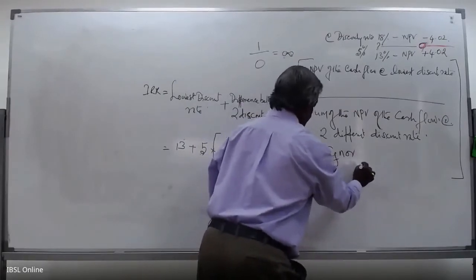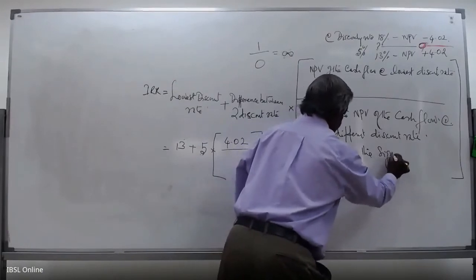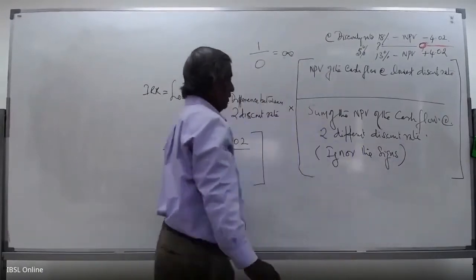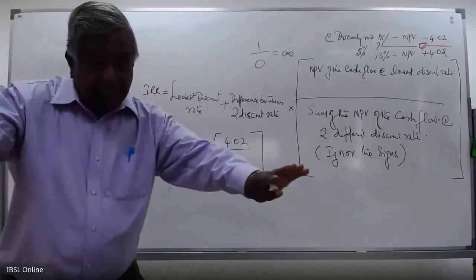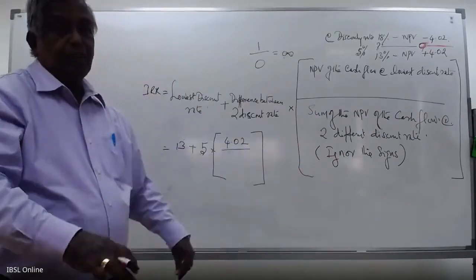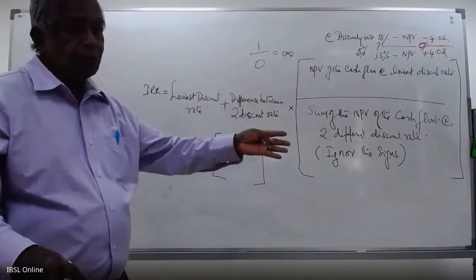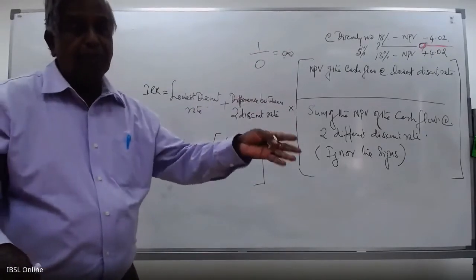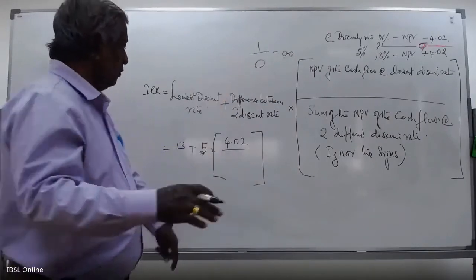So what we have to do is ignore the signs, no positive, no negative. 4.02 plus 4.02 is 8.04.